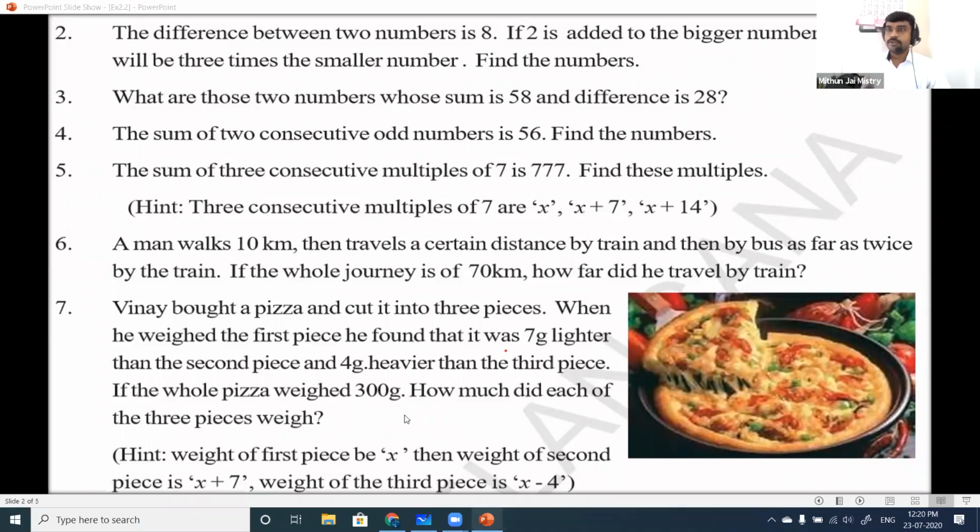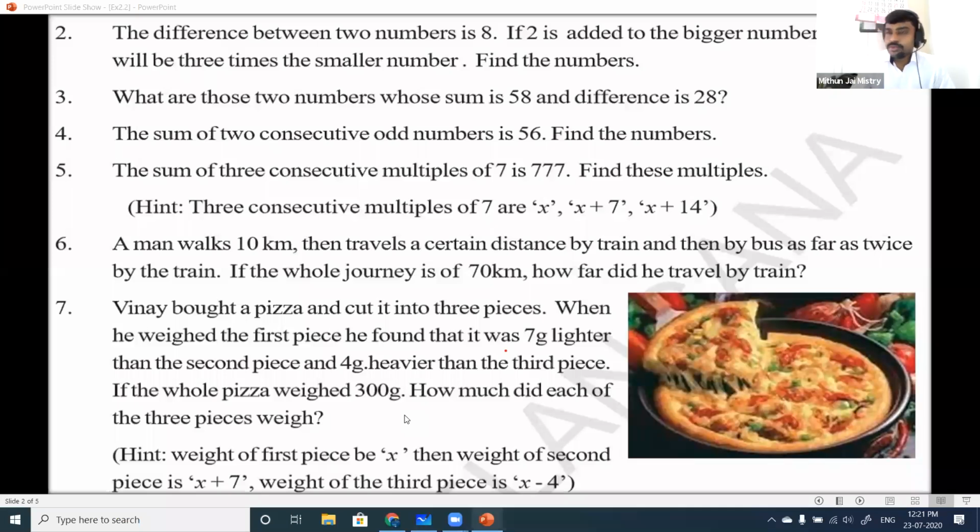Further, you need to solve: x plus x plus x is 3x, 7 minus 4 is plus 3, which will go to that side and become minus 3. You will get 297 and here you will have 3x. 3 9s are 27. So the first piece is 99 grams.